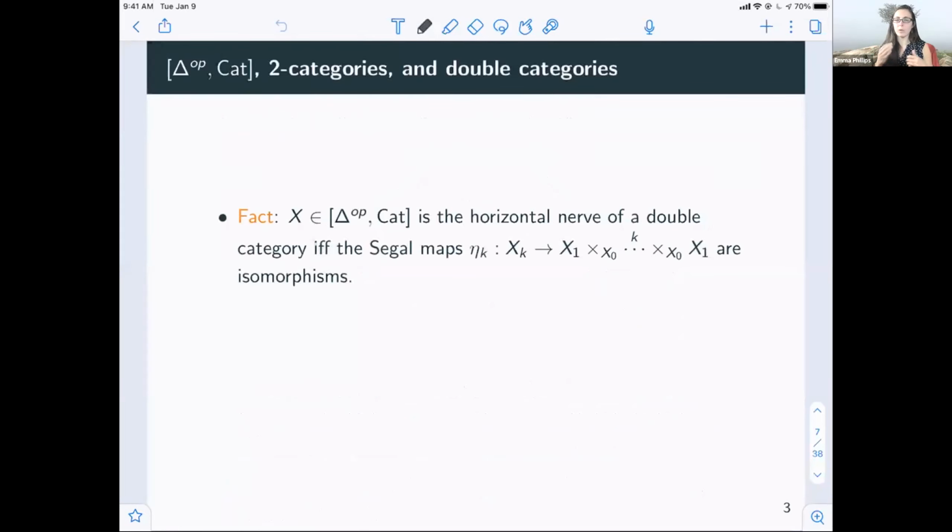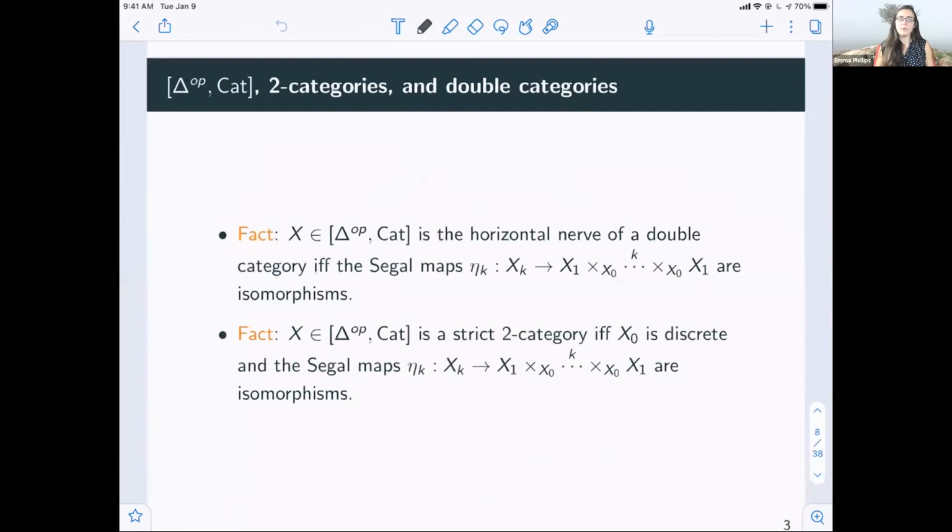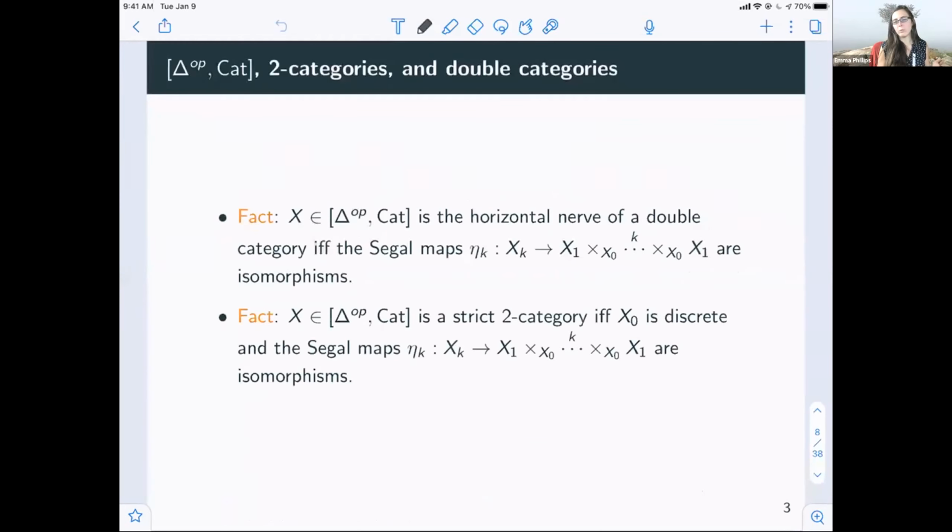So if we're going to think about a simplicial object in categories, it will be the horizontal nerve of a double category if and only if the Segal maps are isomorphisms. And then a simplicial object in categories will be a strict two-category if and only if the Segal maps are isomorphisms and X0 is discrete.